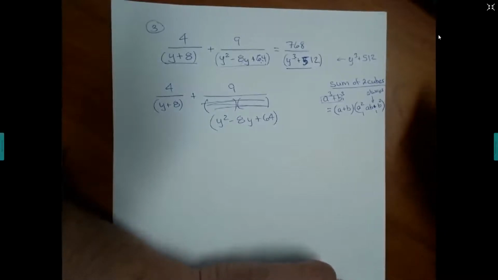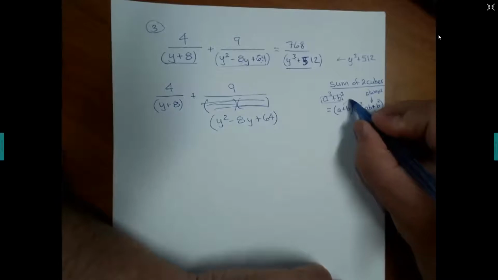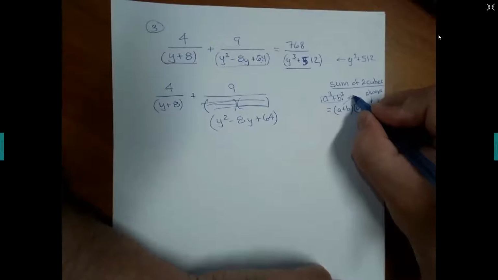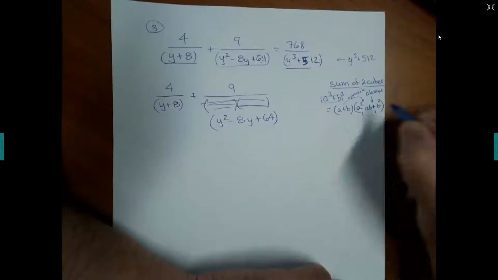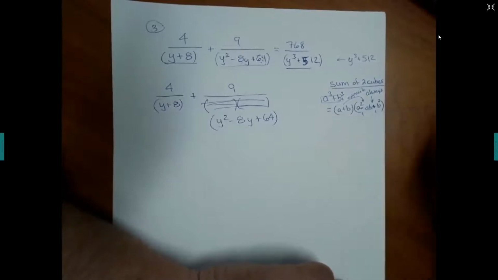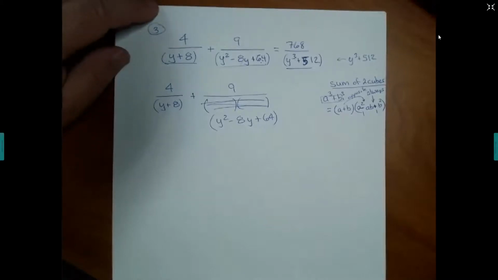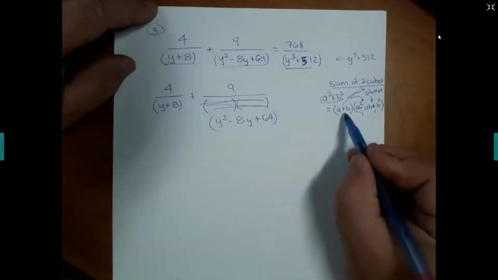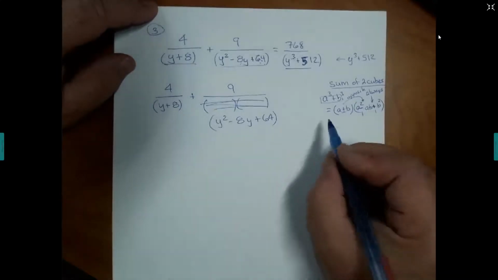Always positive. The first sign is the opposite. So since that's plus, this one has to be minus. It's the opposite of the first sign, whatever that is. That's why the arrow is there. It's opposite.